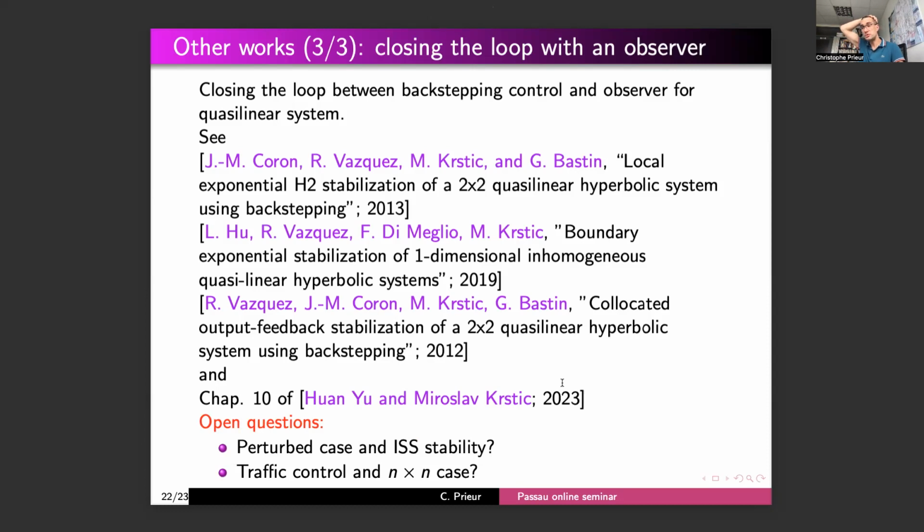And I'm not sure that I have seen so far an application to traffic control for the N by N case. Chapter 10 deals with traffic control, but only for a cascade of 2 segments, not for a cascade of more than 2 segments. Probably it could be adapted to that case, but it is so far still an open question, if I'm right.